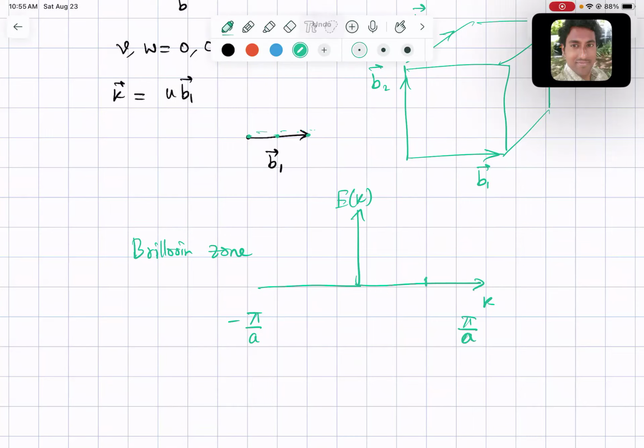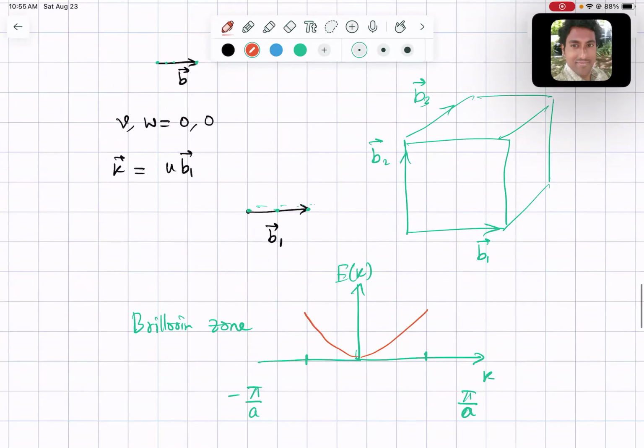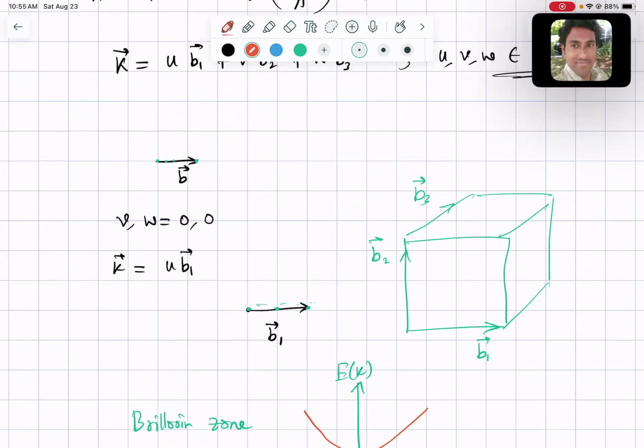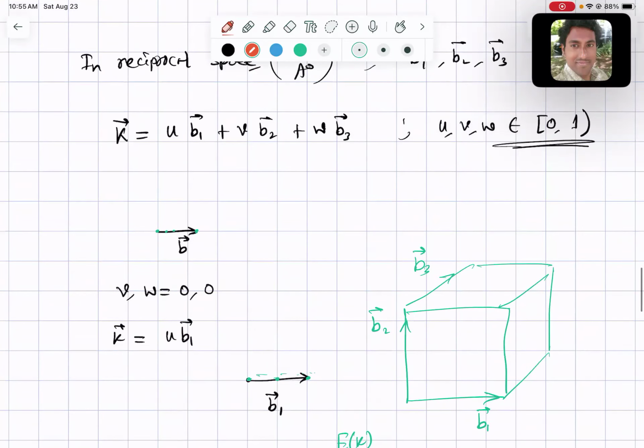Let's say this range. So we've seen the phonon dispersion relation, right? It goes like that. So this range is called the first Brillouin zone. Remember, it was from probably the first or second session. Meaning with this k vector, we are always inside the first Brillouin zone, because we have restricted u, v, w that way. Okay? Does it make sense? Any question?